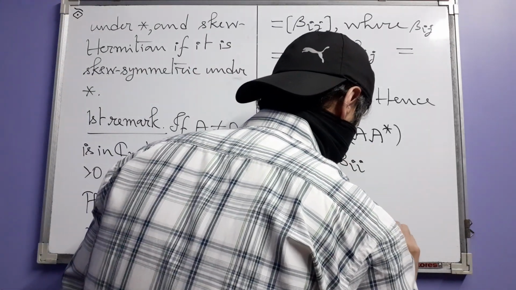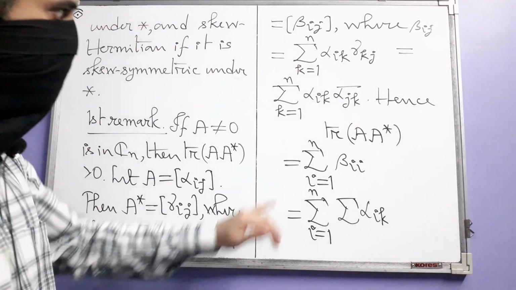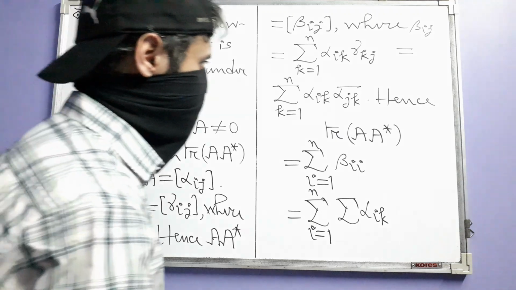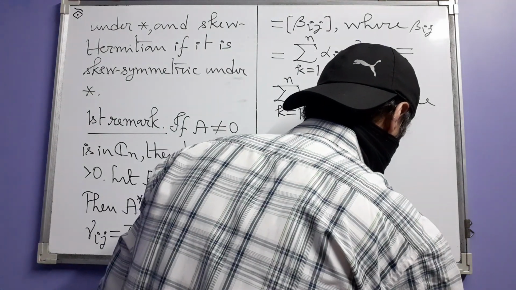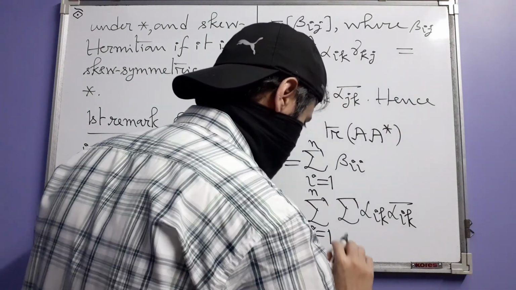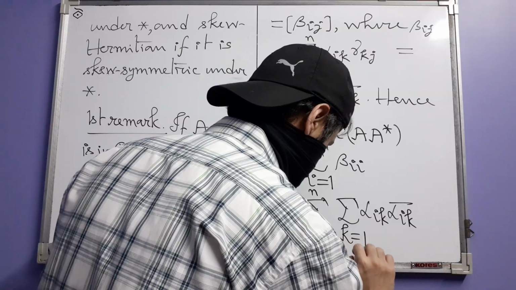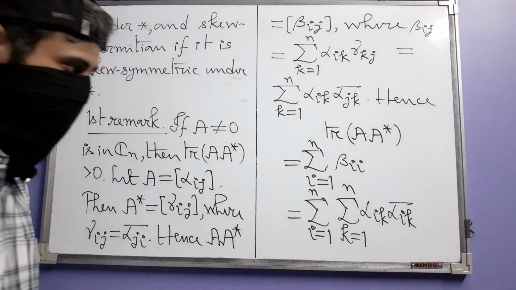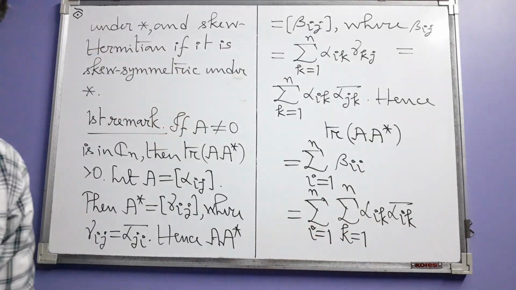So it will be alpha ik, in place of j we now have to write i, so alpha ik bar, k from 1 to n. Now you can see that you can write something here, something else here.